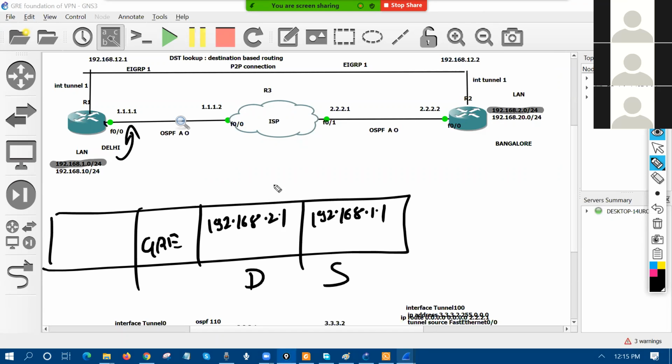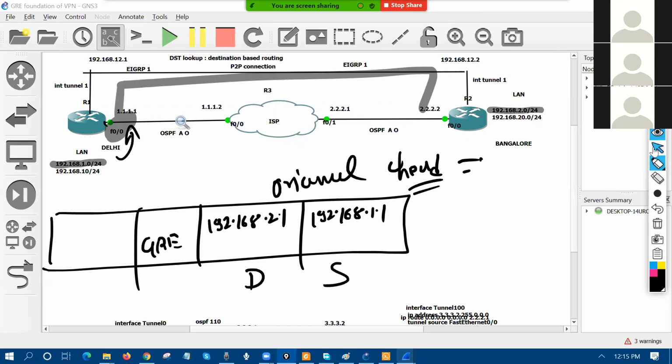So this is my actual original header, or we can say the inner header. When this packet is received on this interface 0/0, I have made a VPN between this guy and this guy, right?